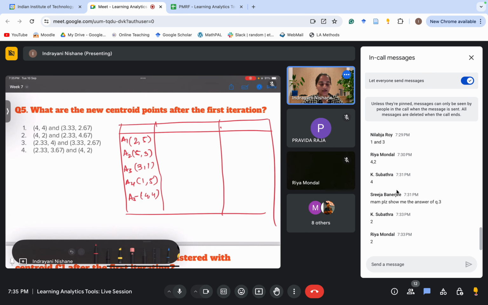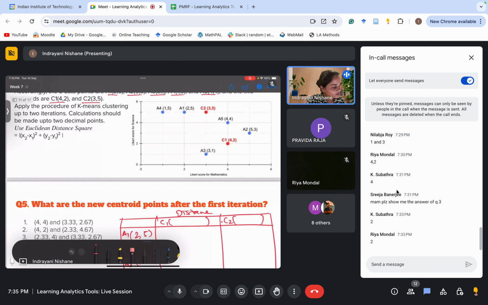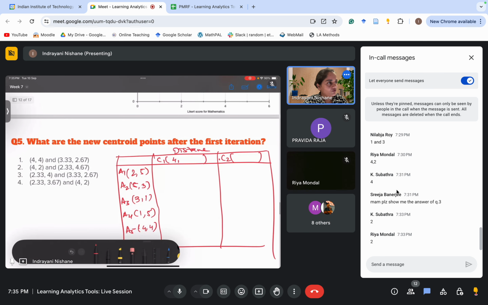That's why I have this habit of making a table first. Now we will compute the distance from C1 and the distance from C2 in two separate columns. C1 and C2 are 4, 2 and 3, 5.